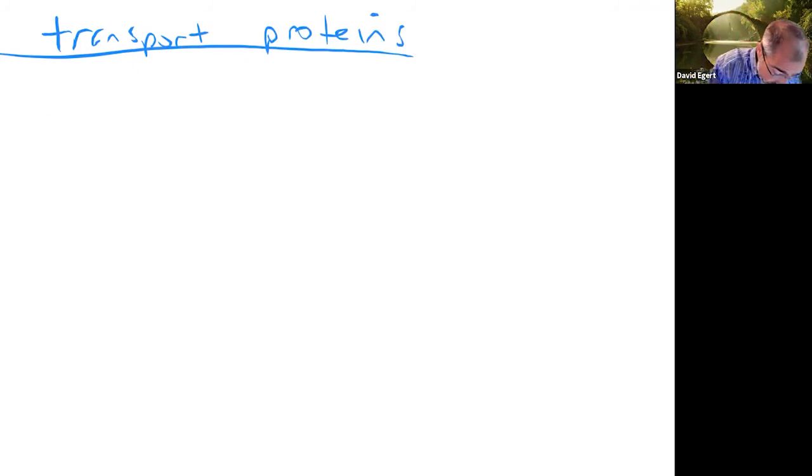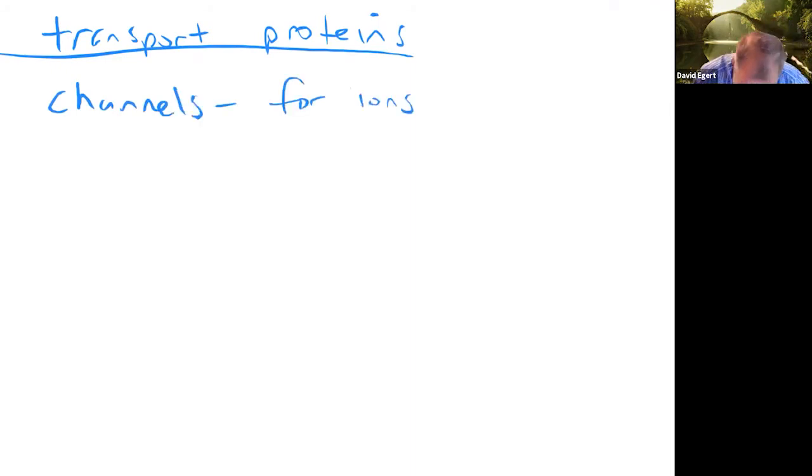So one are called channels. These are typically for ions. Typically, they are for specific ions.